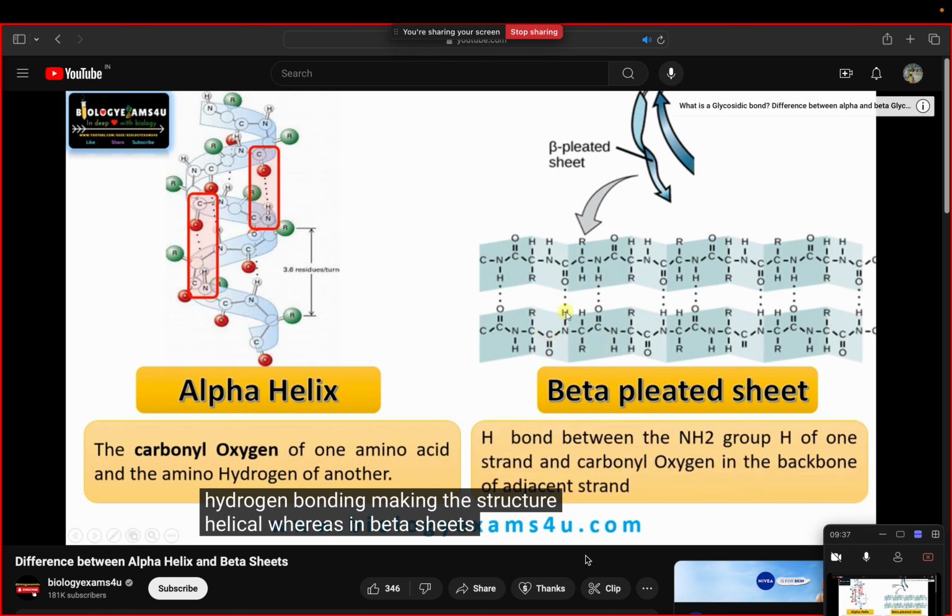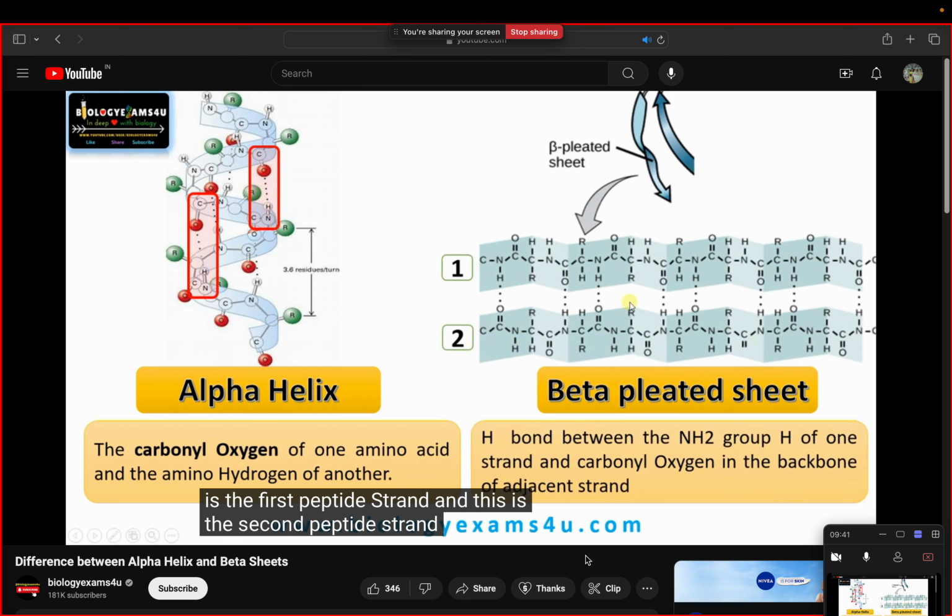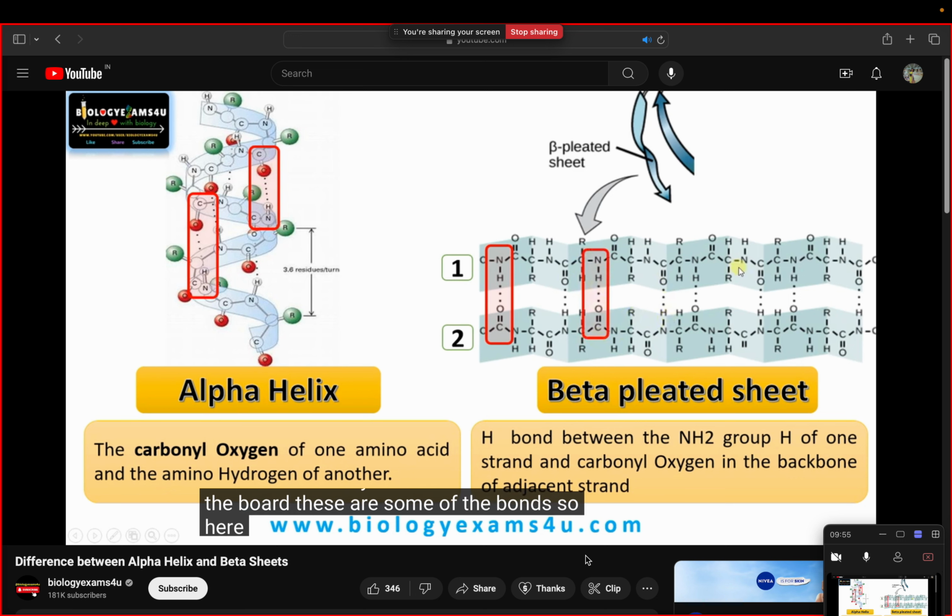Whereas in beta sheets, this is the first peptide strand and this is the second peptide strand. Hydrogen bonding is between the amino hydrogen of one strand and the carbonyl oxygen in the backbone of the second, or adjacent, strand, as you see. So these are some of the bonds. Here also you can see.